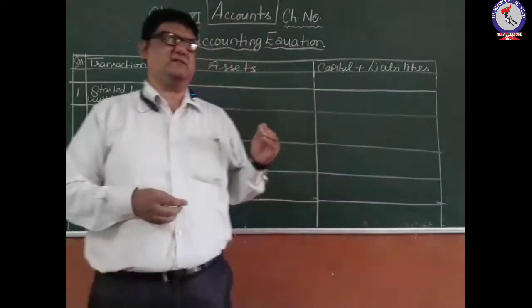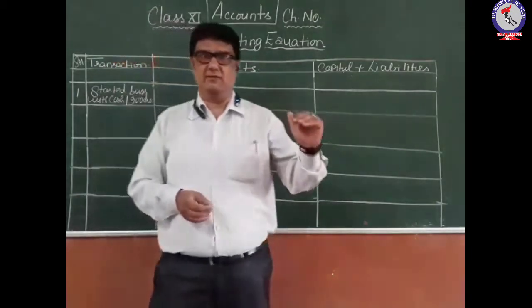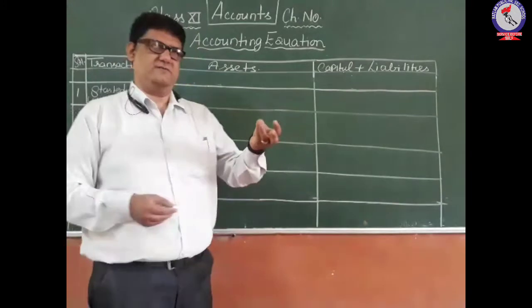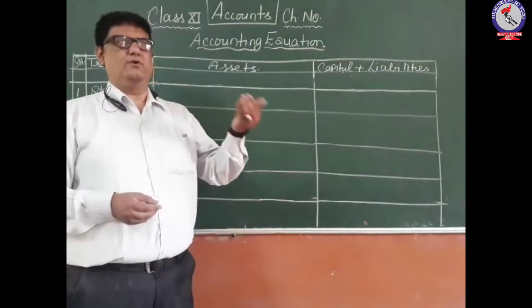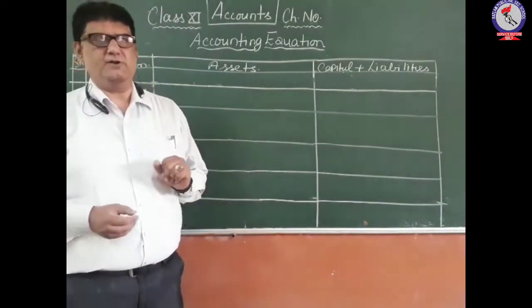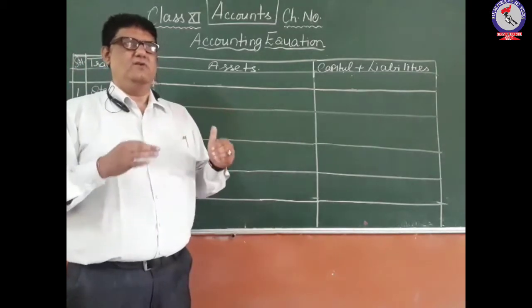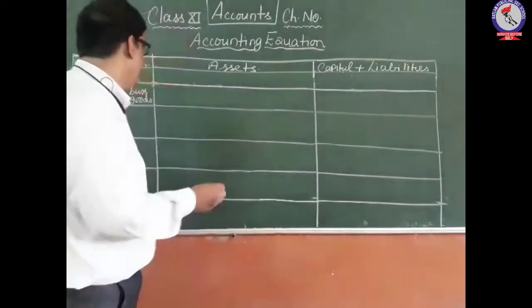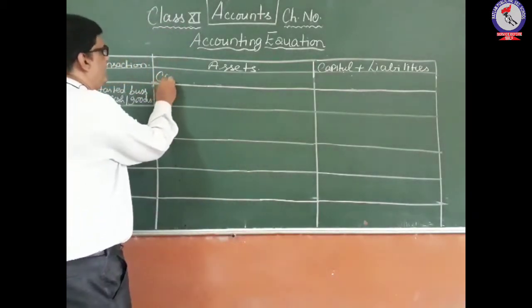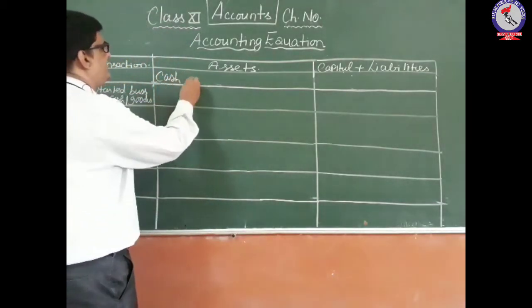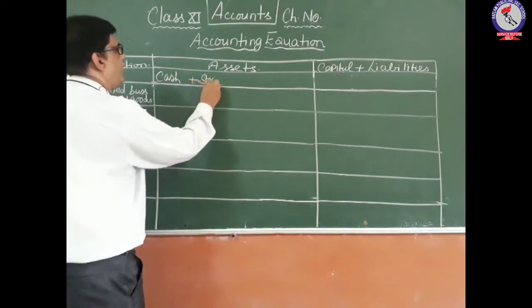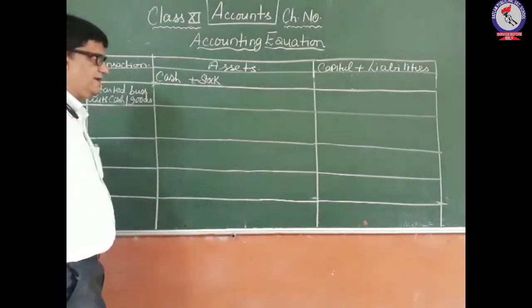Cash is an asset for you and goods is also an asset. First you have to find out which items are involved. Here cash is involved, that is an asset for us, as well as goods, which is related to stock.